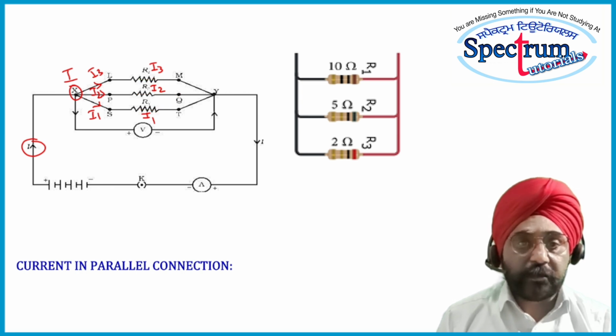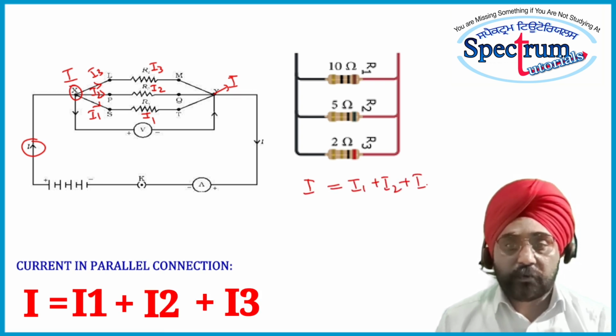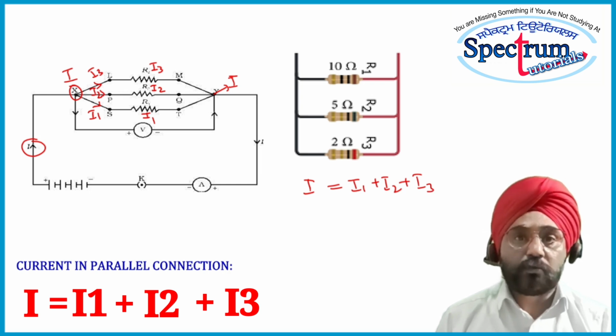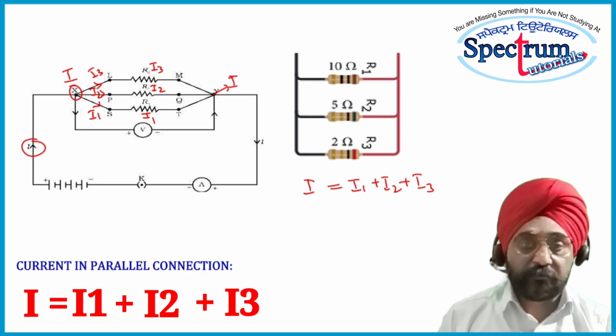So current here at point Y is again I. So I current splits into three currents, I1 plus I2 plus I3. So the current through resistors connected in parallel connection is different.